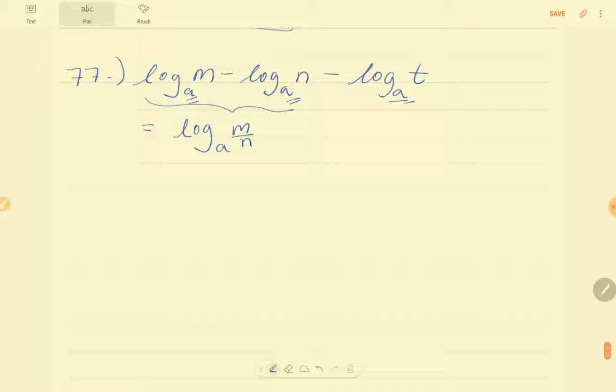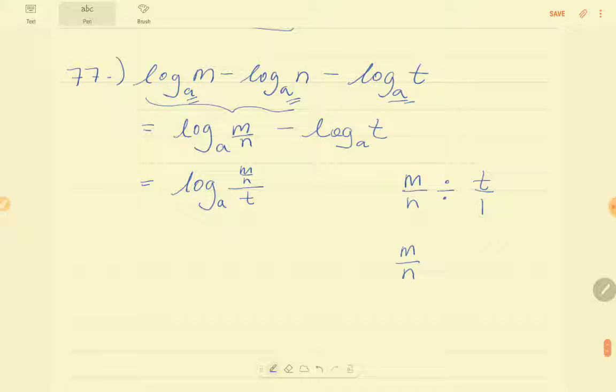And then bring down that other log, and we'll use the quotient rule again. The log base a of m over n over t. And I'm going to want to simplify that. I don't like the way that looks at all. So keep in mind that when you have m over n divided by t over 1, you can rewrite that as m over n times 1 over t.